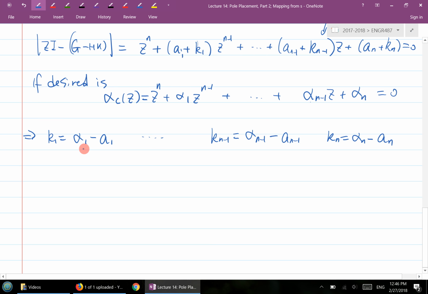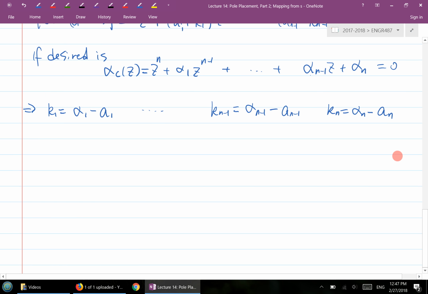You can simply use the coefficient for the desired polynomial minus the coefficient for the denominator in the original pulse transfer function, and you get your basic control gains here. So that's the advantage for G to be in the control canonical format.